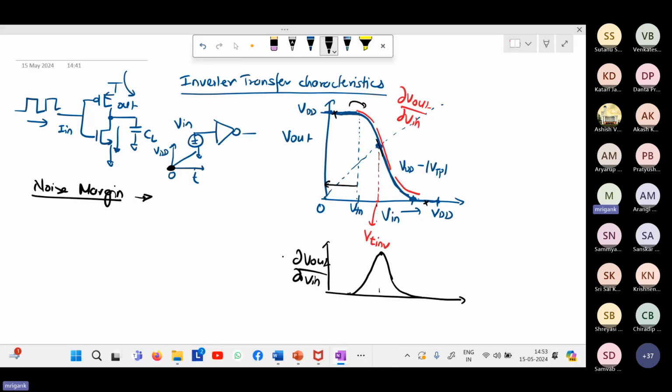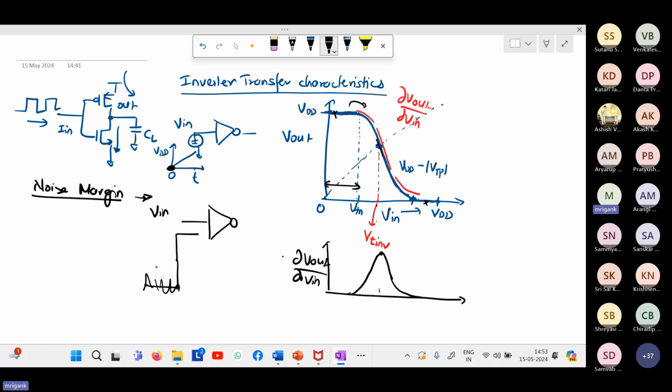So effectively, what does that mean? If you have an inverter and you are having a logic low level, Vin equal to logic high, logic low. Suppose the input is noisy.